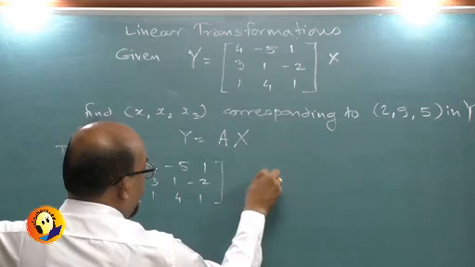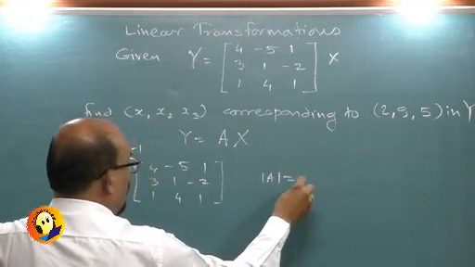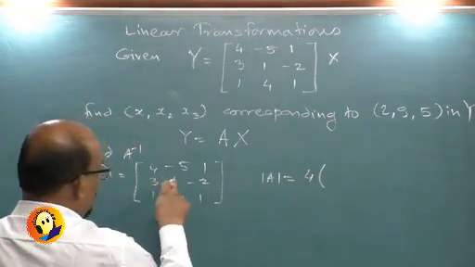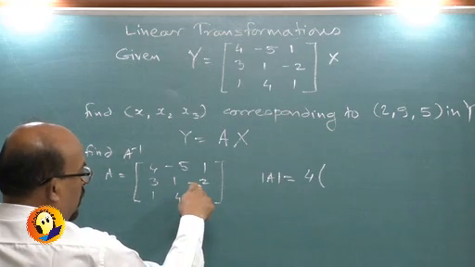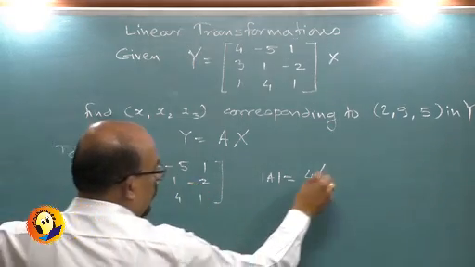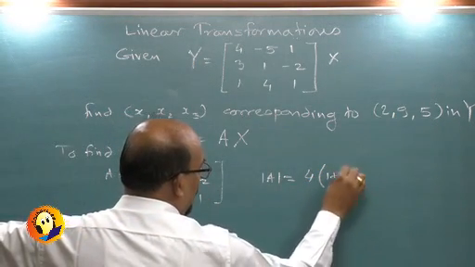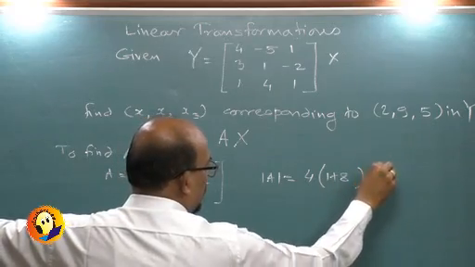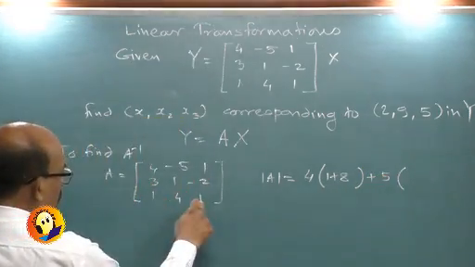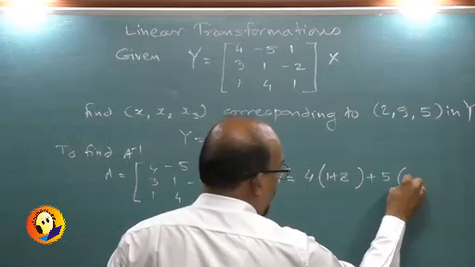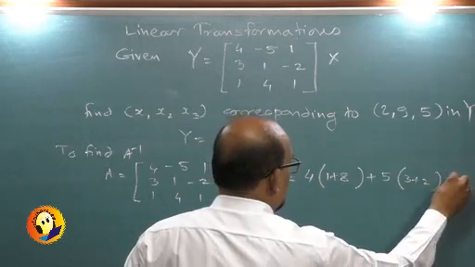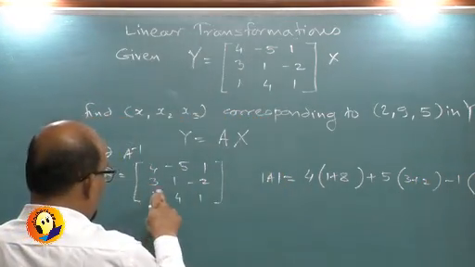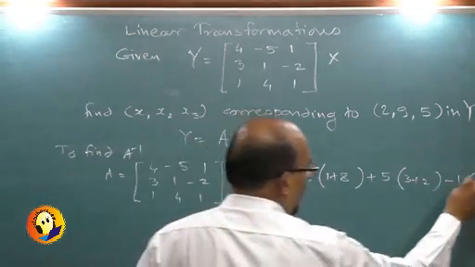So mod A will be 4 into bracket 1 into 1 plus 8, so 1 plus 8, plus 5 into bracket 3 plus 2, minus 1 into bracket 12 minus 1.